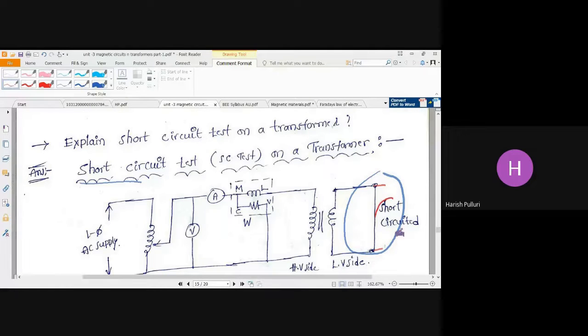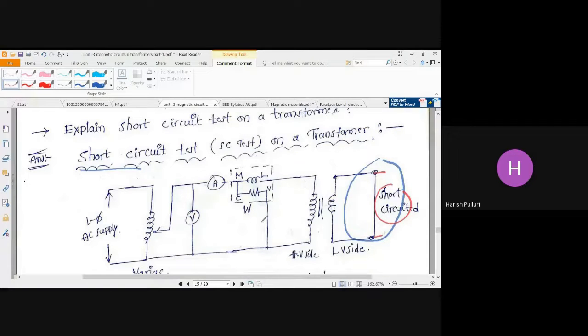Short means we simply connected a wire. The procedure is the same, but now we change the transformer positions. The primary side becomes HV and the secondary side becomes LV. So in the short circuit test, we short circuit the LV side, and we connect all the equipment to the primary side.